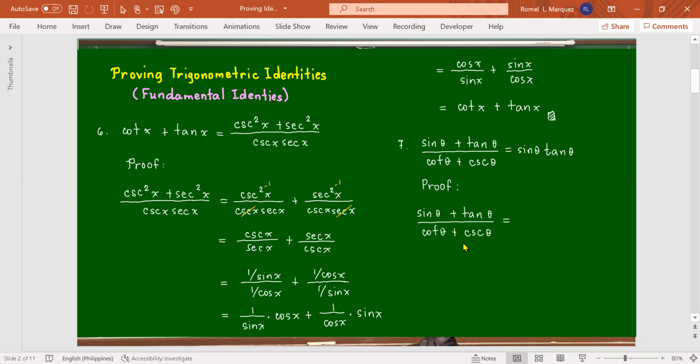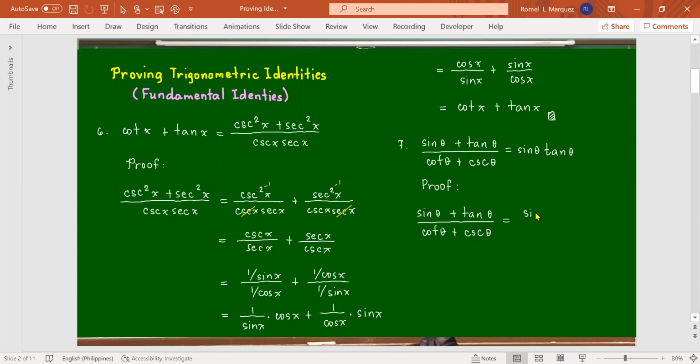So I'm going to express cotangent theta and cosecant theta in terms of cosine and sine. And also for this tangent, let me try to express it in terms of sine and cosine. So let's see what will happen.